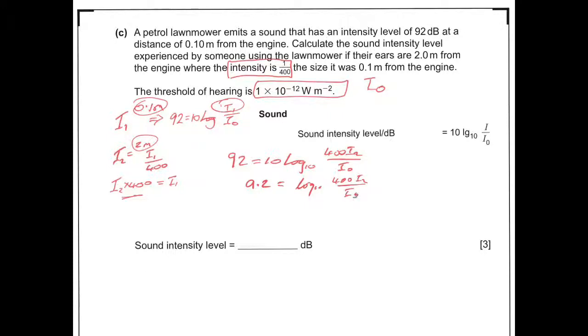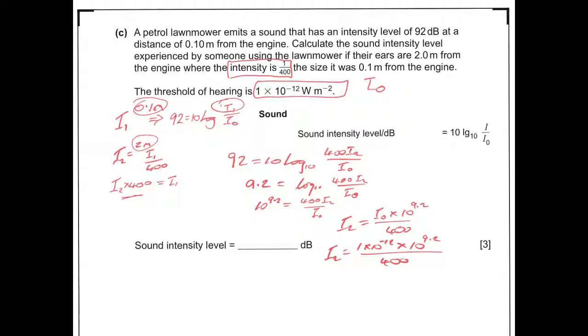So if we take antilogs of that, we can say that 10 to the power of 9.2 equals 400 I2 over I0. So I2 then equals 10 to the power of 9.2 times I0 over 400. I'm just going to sub in I0, the value we've been given, 1 times 10 to the minus 12 for the threshold of hearing.